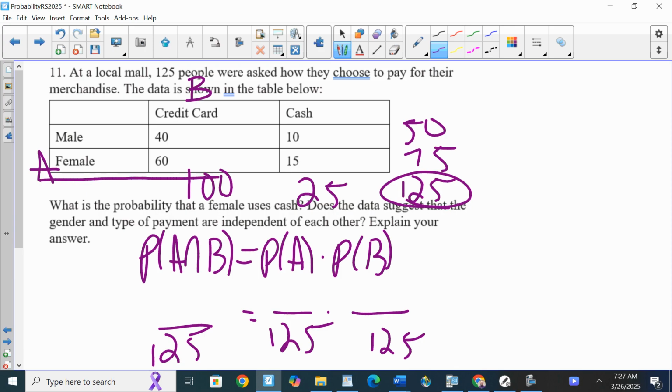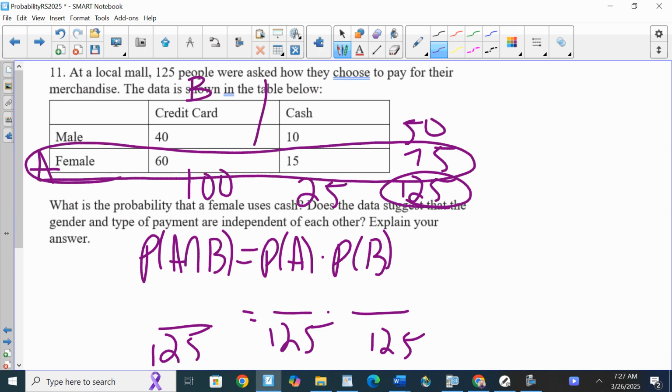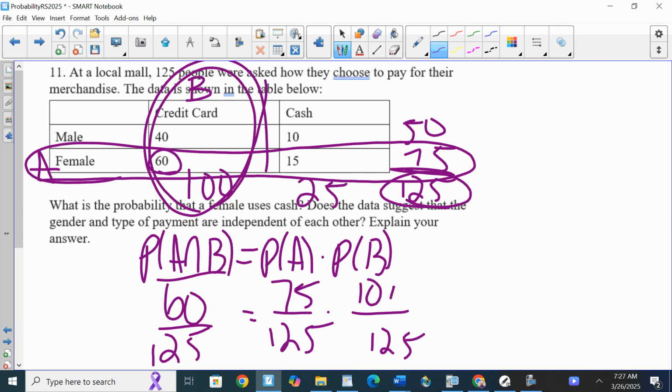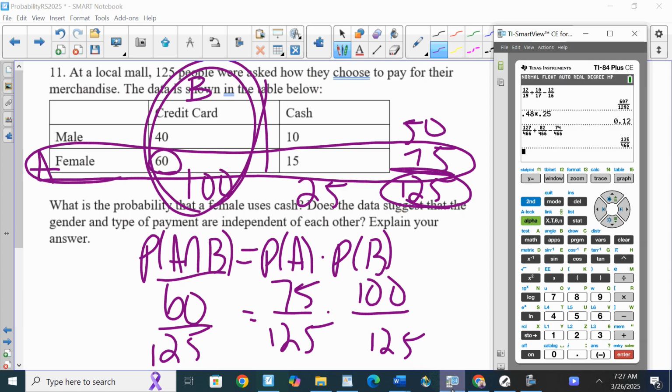I like to circle the A and the B. A and B is what's in both. That's 60. P of A, female, is 75. P of B, credit card, is 100. I type the left-hand side in. 60 over 125 is 12 over 25.